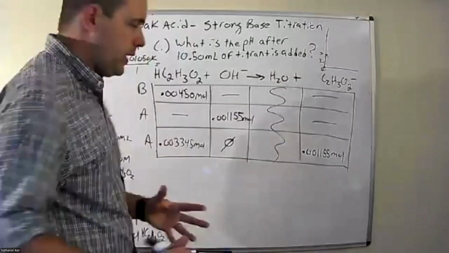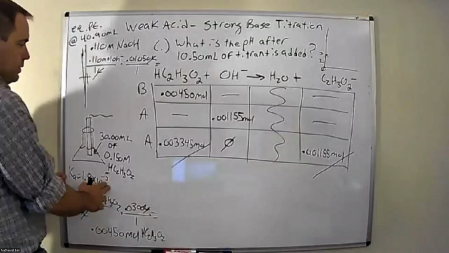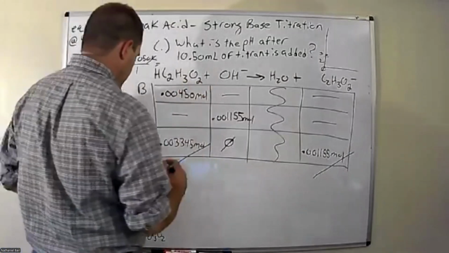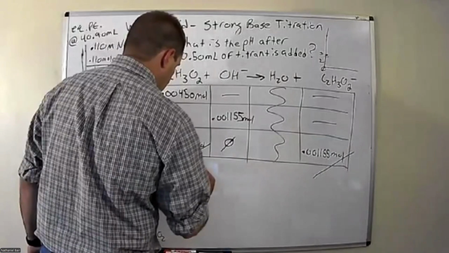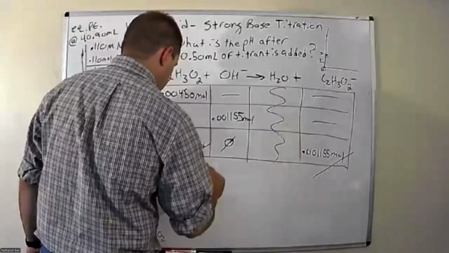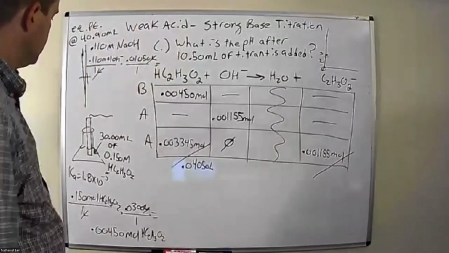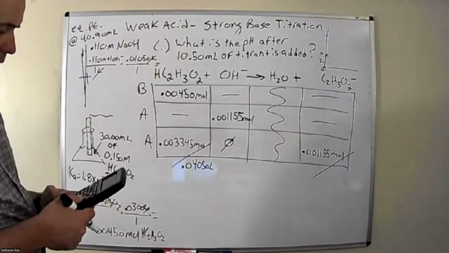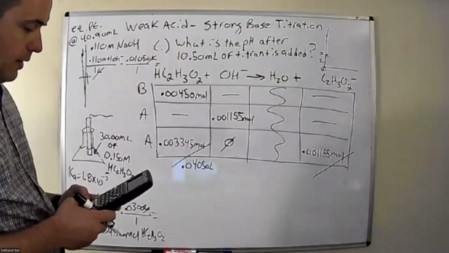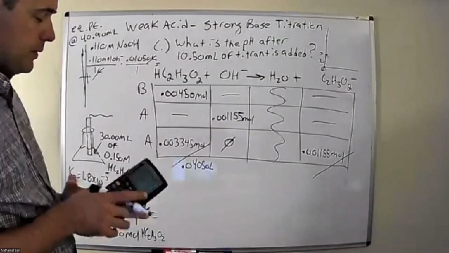It's beautiful. So we got to divide by the new volume in liters. So 30 mils plus 10.5 mils. That's 40.5 mils, right? So that's 0.045 liters, right? Did I do that right? Somebody yell at me if I didn't, because that would suck. 30 plus 10.5 divided by 1,000. That's 0.04050 liters.